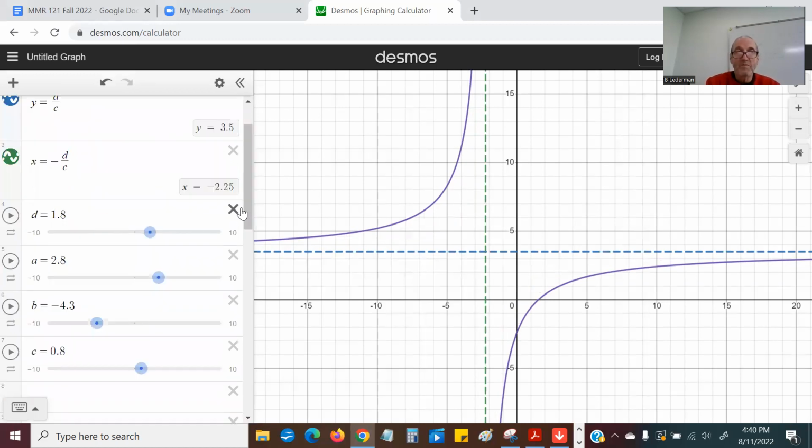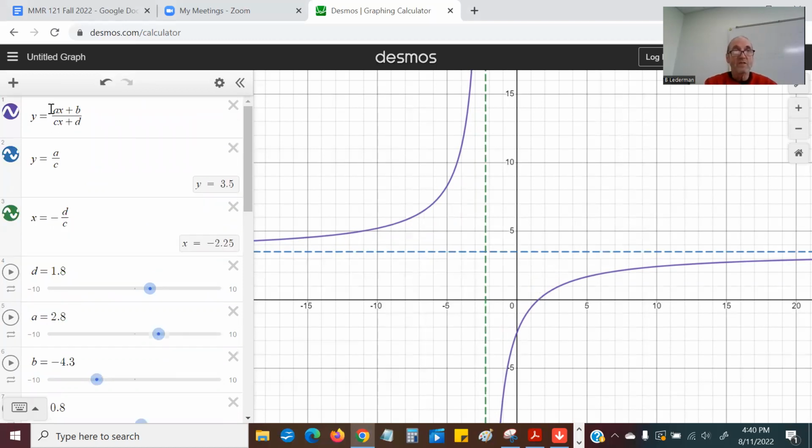I can let these guys move as much as possible because the horizontal asymptote is always going to be the ratio of the leading coefficients, the a and the c, and -d over c is always going to be the x asymptote. So that's a nice thing. Okay, back to reality.